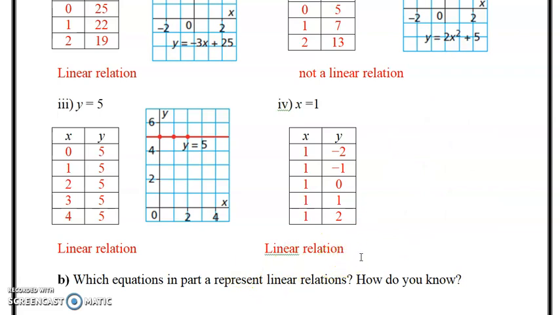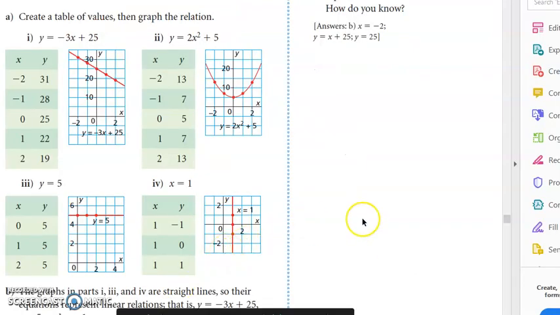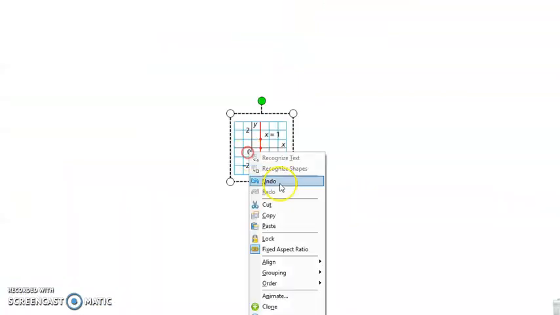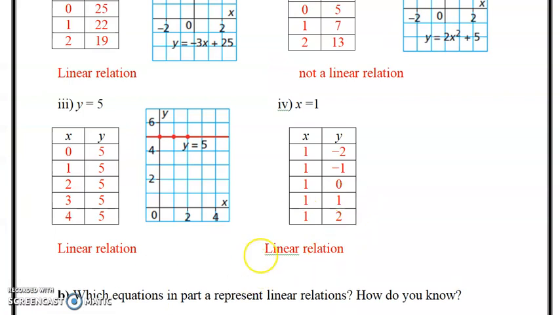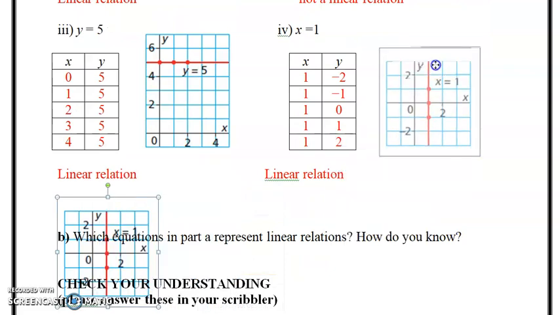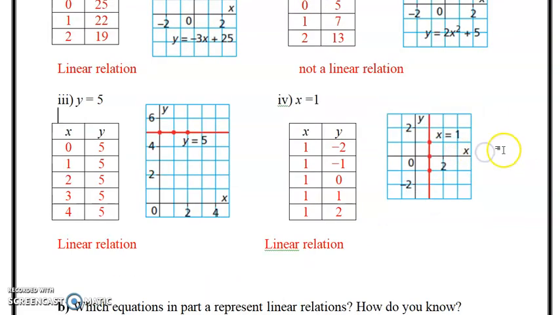Like I said, it is a linear relation, but it's not a linear function, as you can see from the graph right there. Obviously, it's linear, but it's not a function.